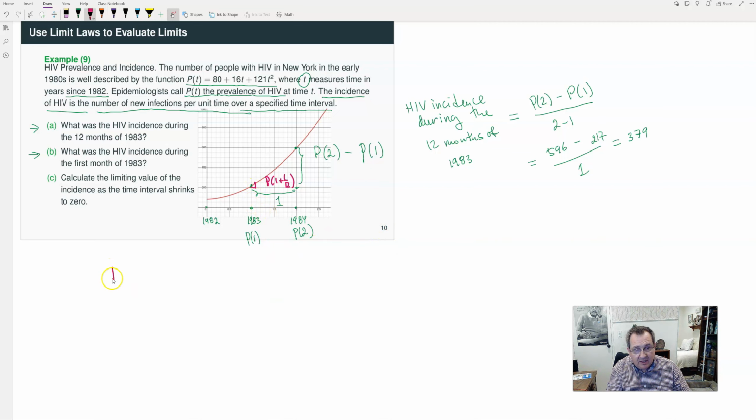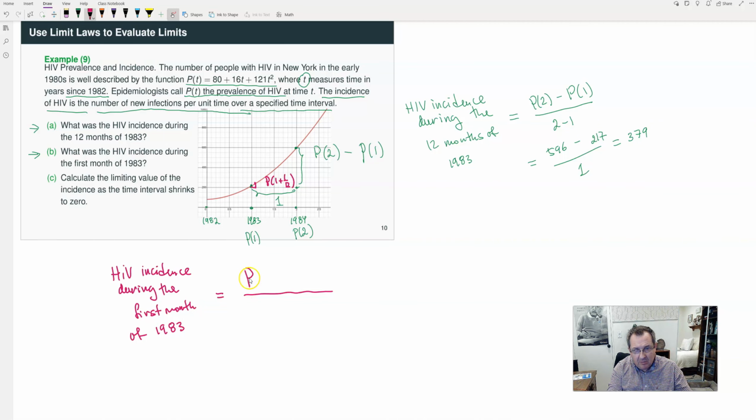Okay, so HIV incidence during the first month of 1983 is equal to the following.